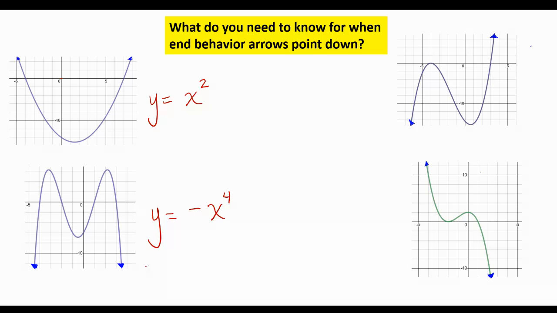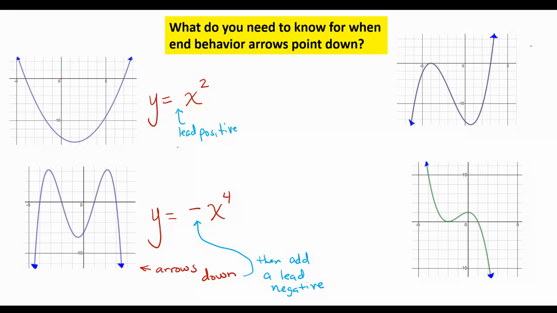So because the arrows are down, then you need a lead negative. Okay? Arrows up, then you have a lead positive. All right? So you got to remember, if both arrows are down, then you have to have a lead negative.